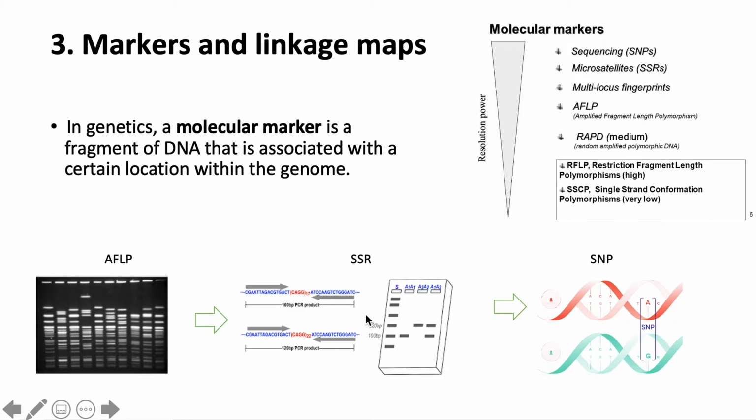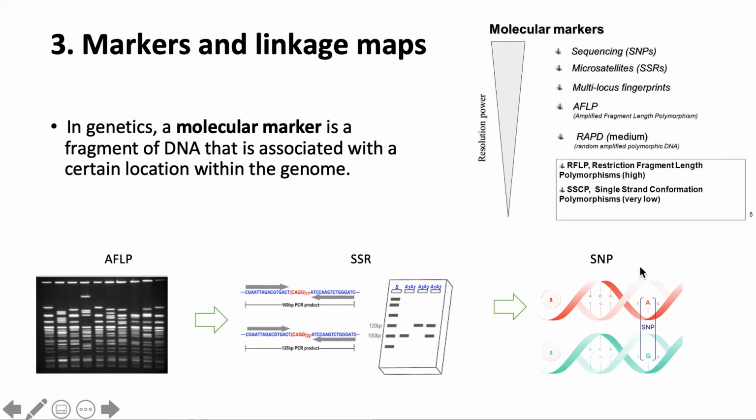Then we started to work more with SSRs, where we need to know the sequence because we need to design the primers, amplify the fragments in a PCR machine, and run that in the population. And nowadays, as I mentioned previously, we're working with SNPs because they are really abundant in the genome.